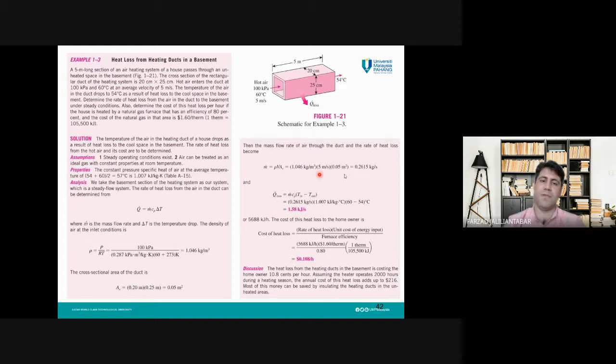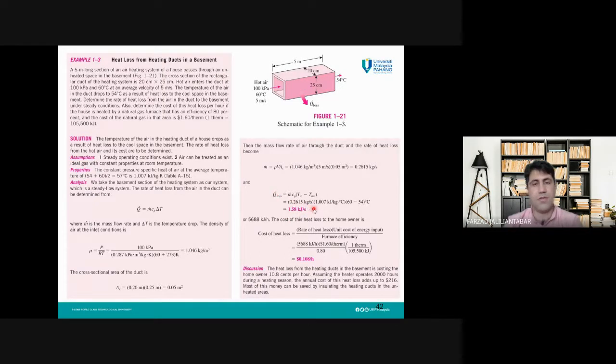Now simply we have m dot, we have Cp, and we have T1 and T2 as our two temperatures. If we substitute in the main equation, we can calculate Q dot loss, or the rate of heat transfer in this heat transfer process, which will be equal to 1.58 kilojoules per second.